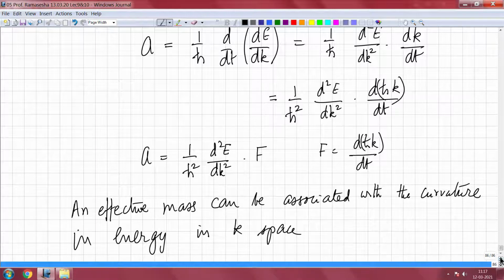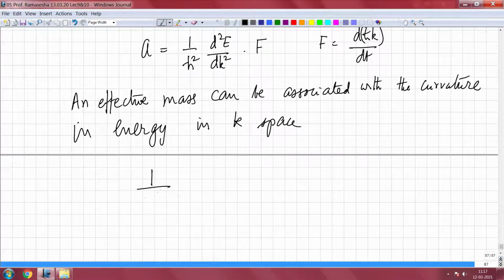So, we can write down mass as follows: 1 by m star or m effective is equal to 1 by h cross squared d squared E by dk squared, because A is equal to F by m, so 1 by m is this quantity 1 by h cross squared d squared E by dk squared.